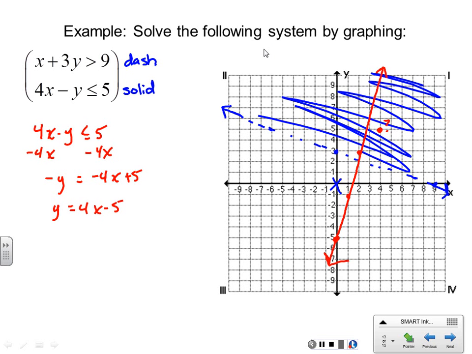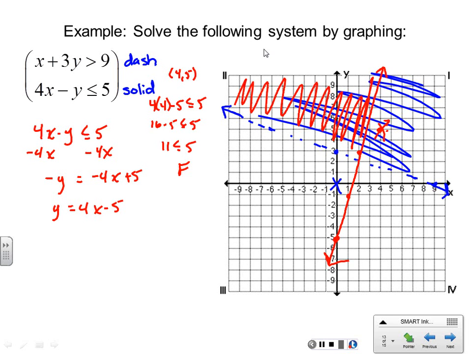So again, 4, 5 is going to be our ordered pair. So we'll have 4 times 4 minus 5 less than or equal to 5. So we'll have 16 minus 5 less than or equal to 5. And so we have 11 less than or equal to 5. True or false? That's false. So since this one didn't work, we have to color on this side.